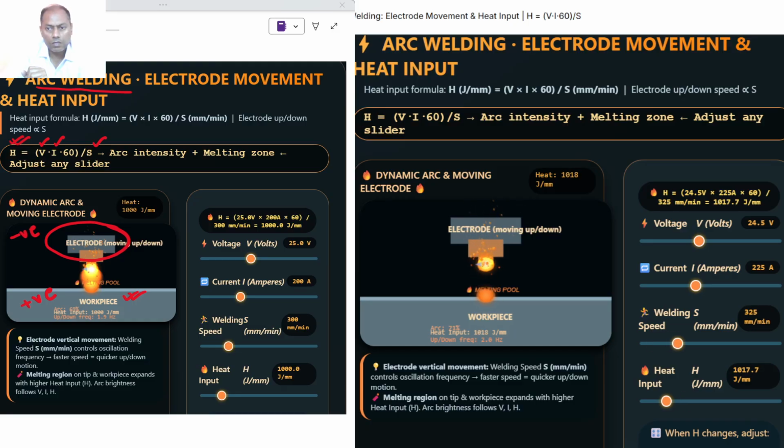Now when you are increasing the welding speed, see, the electrode is moving frequently up and down, and since H is inversely proportional to S, a lesser amount of melting pool is found on the workpiece, and correspondingly a lesser amount of heat is absorbed by the workpiece.